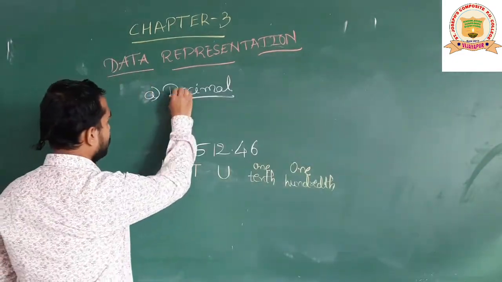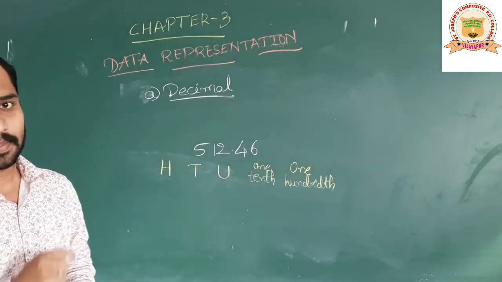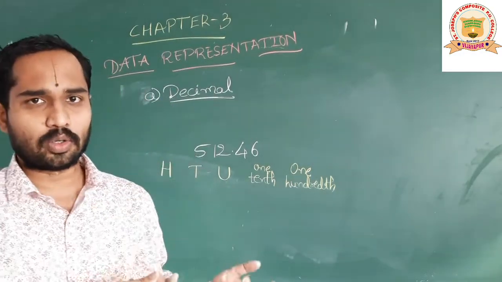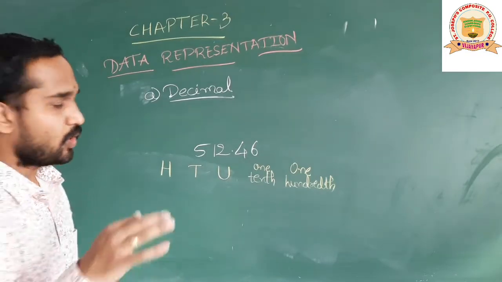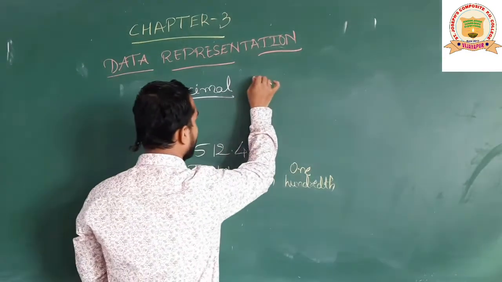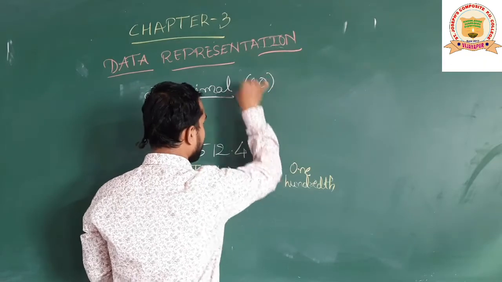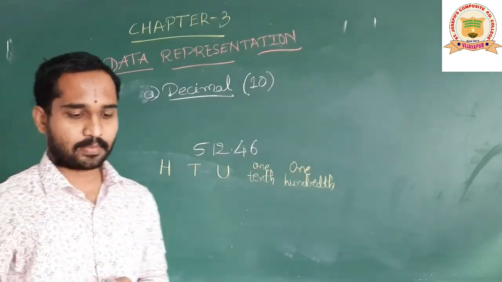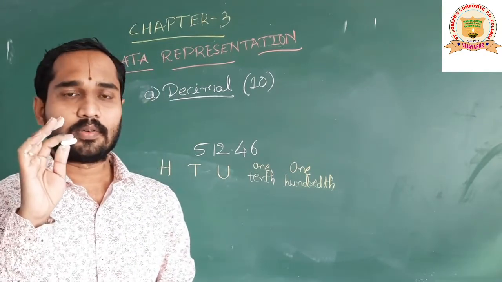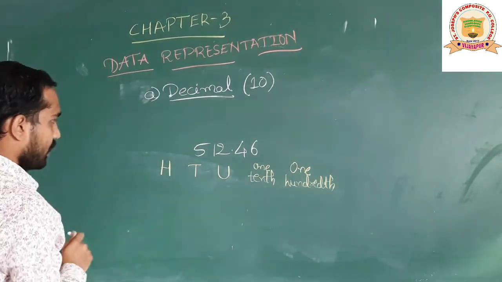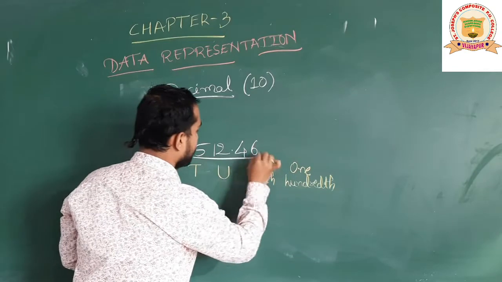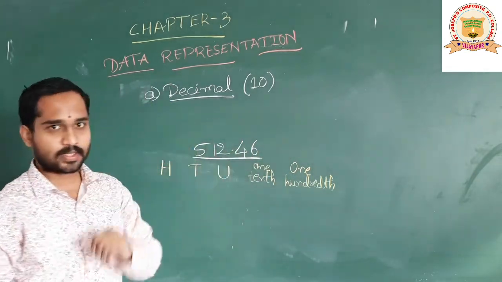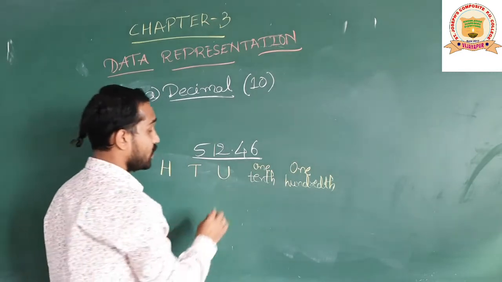Okay. Now let us study the decimal number system first, because it is the most widely used one, isn't it? And we all know how this works. So for the decimal number system, we know that we have 10 as the base, correct? 10 is the base of the decimal number system. Now, when 10 is our base, if I have a number like 512.46, which type of number system is it?